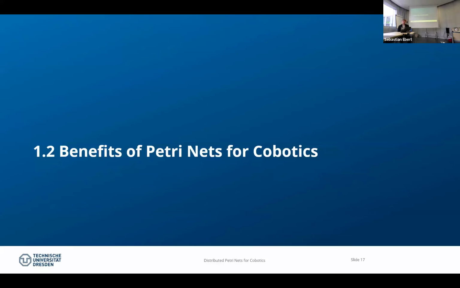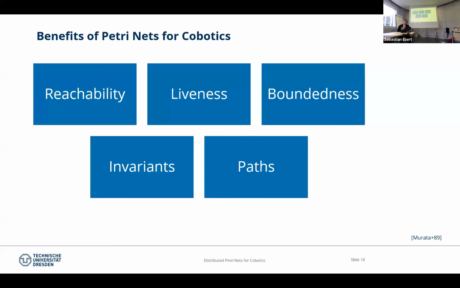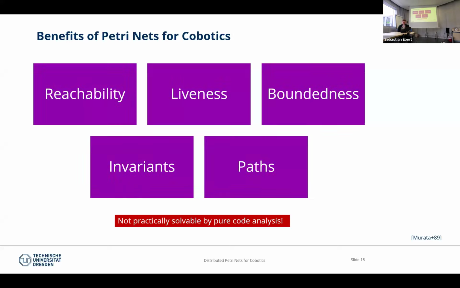If we have a look at the modeling part, they basically give us the ability to reason about reachability of states, liveness, boundedness of our system, especially, for example, communication channels, but also on invariance and execution paths. And we can do that on the modeling level, which is way more practical to solve than when we start from the bottom up by coding, because we have to analyze a less big state space than a pure code analysis.